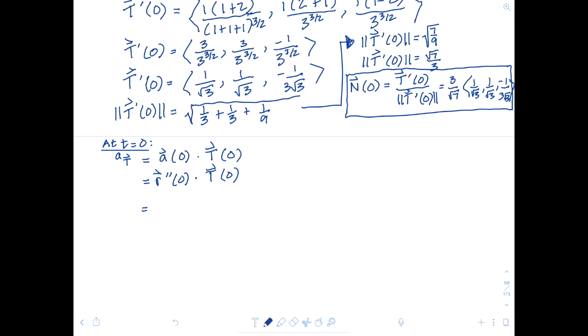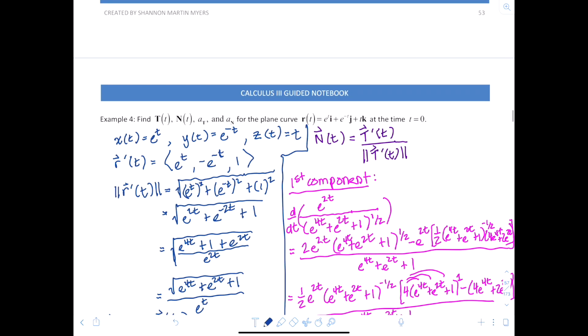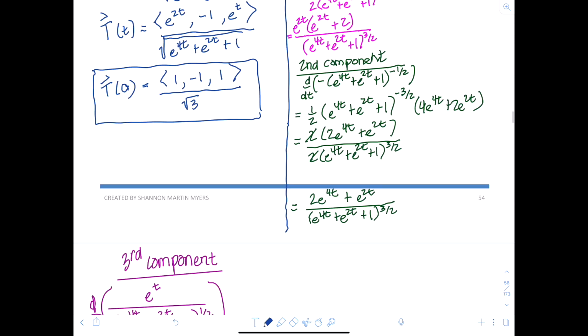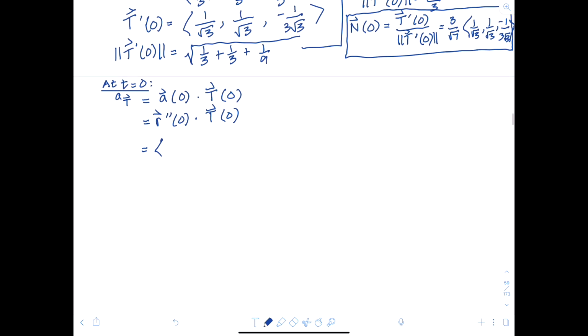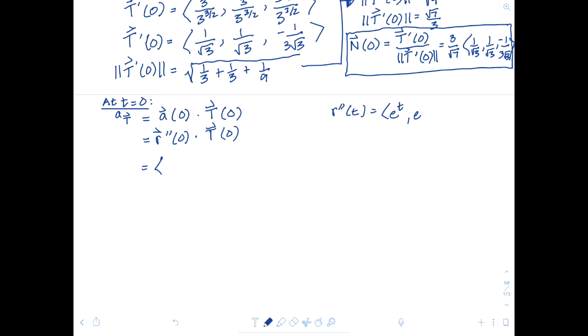So r prime was, so we'll get e to the t and then positive e to the negative t, 0. So actually I'll go over here, r double prime at t was equal to e to the t, e to the negative t, and e to the 0, and 0.